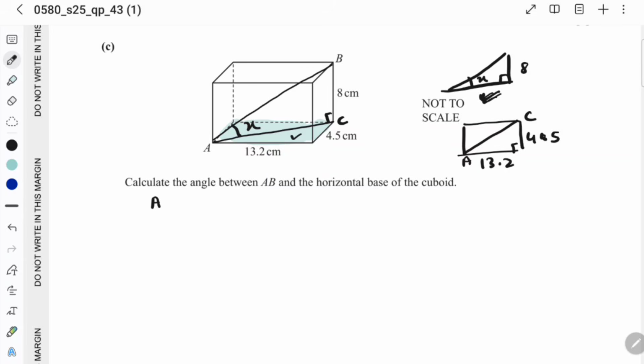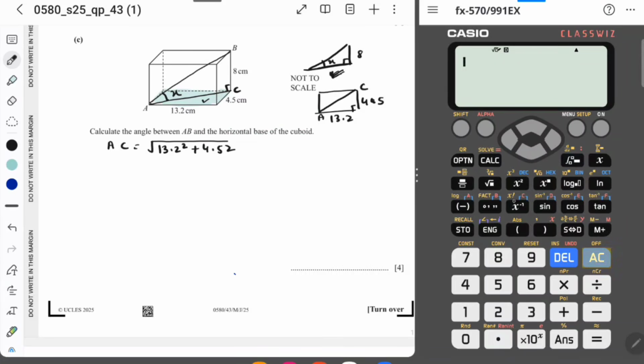So AC equals the square root of 13.2 squared plus 4.5 squared. C squared equals A squared plus B squared. So that is 13.2 squared plus 4.5 squared, which equals 13.945.